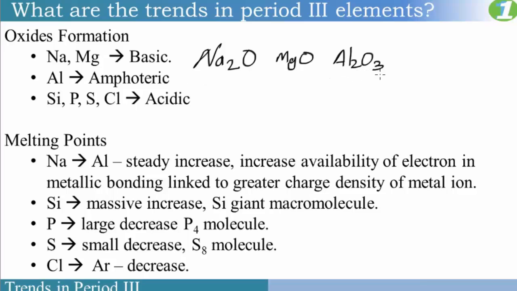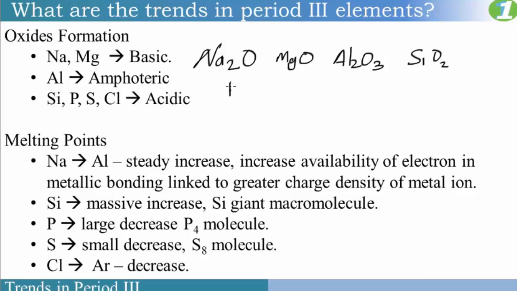The other oxides, like silica, SiO2, that is silica or sand, this one is becoming more acidic now as we move into the nonmetals. Phosphorus can form two oxides.